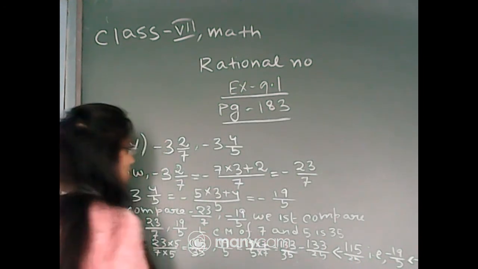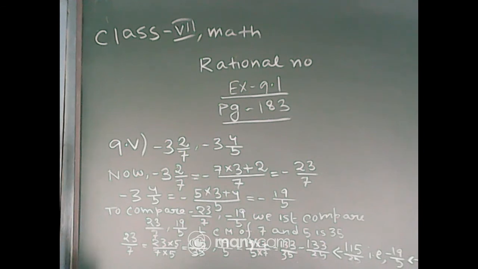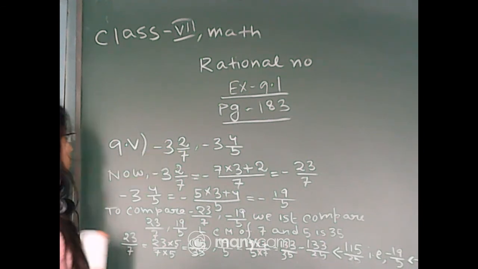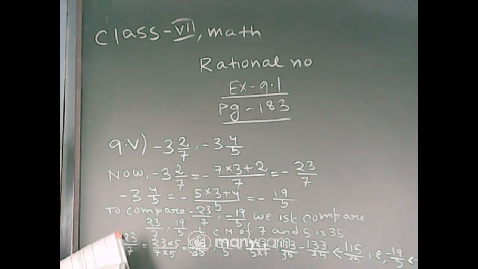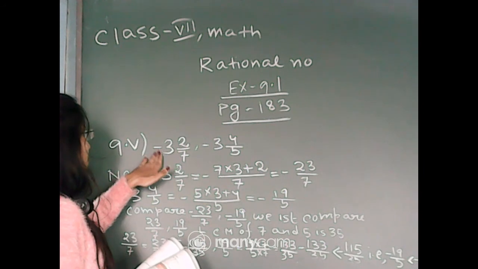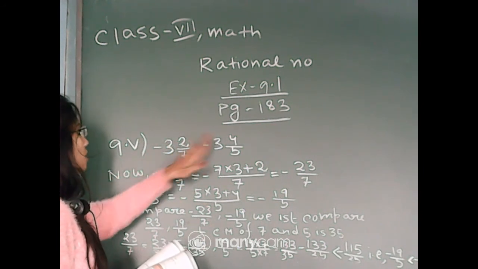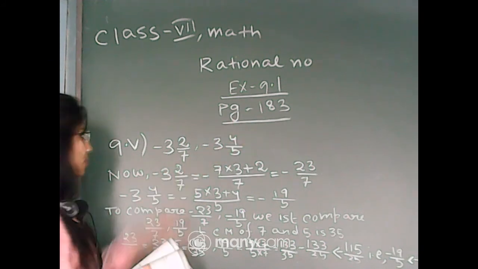Again I repeat, we have to decide which is greater, minus 3 wholes 2 by 7 or minus 3 wholes 4 by 5.